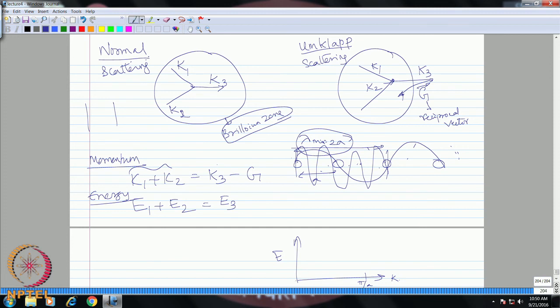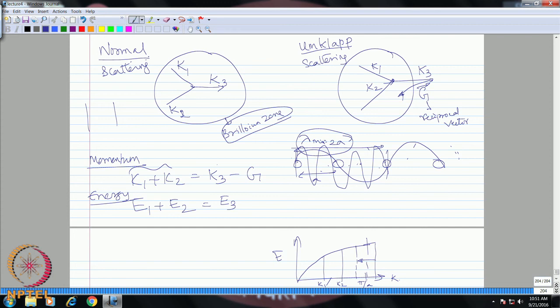So, if you are talking about two phonons, one having k1 and the other k2, and k1 plus k2 is greater than pi by a, this is corrected by the reciprocal lattice vector and brought inside, because this is your maximum allowable value of k corresponding to the minimum wavelength lambda.